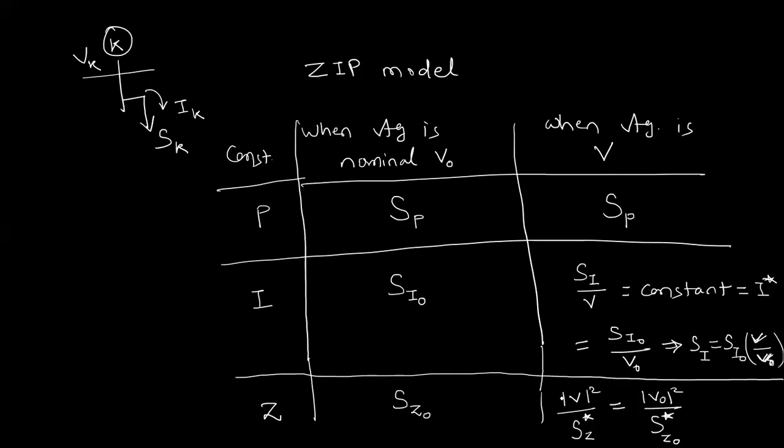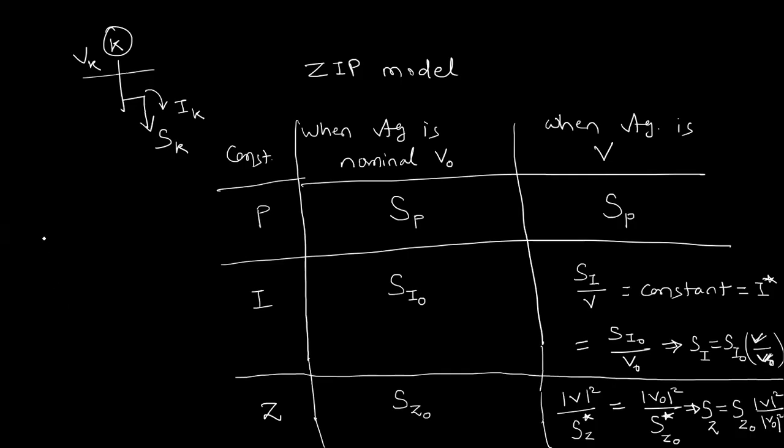So impedance is given by mod V square by S conjugate, and I am writing the equation for which impedance remains constant. What does that give? We need to derive the equation for SZ. Here the conjugates cancel each other, and this is basically SZ0 multiplied by mod V square divided by mod V naught square. That is the equation we can obtain.